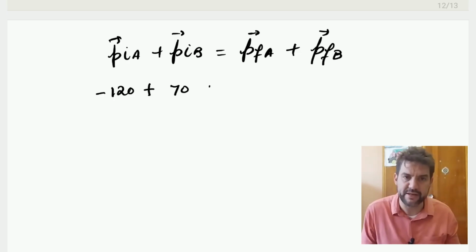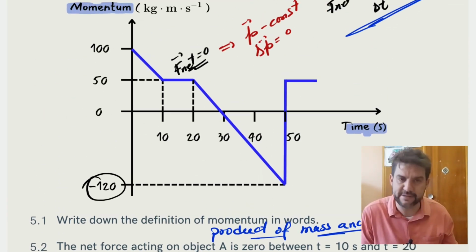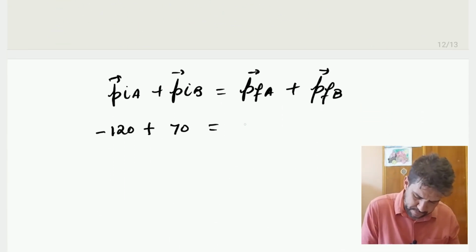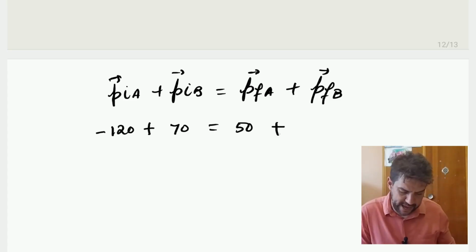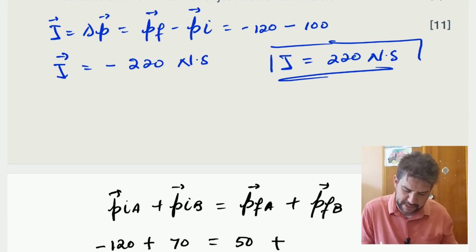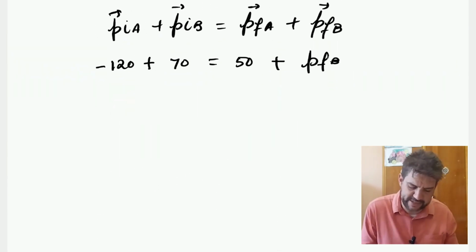The final momentum of A, if you come here, is positive 50. And then they're asking us to calculate the momentum of object B, so they're asking for the final momentum of B.